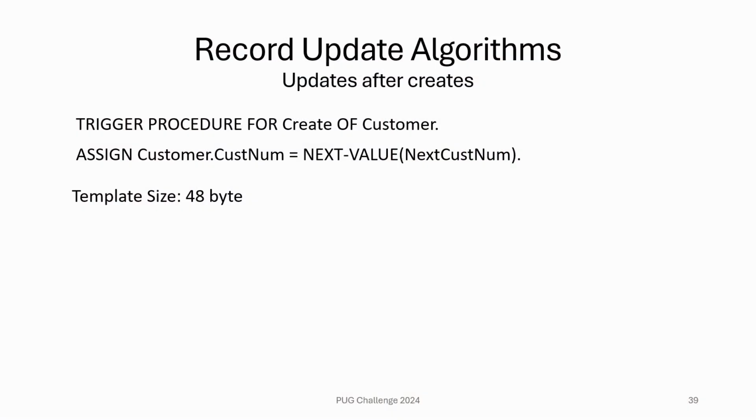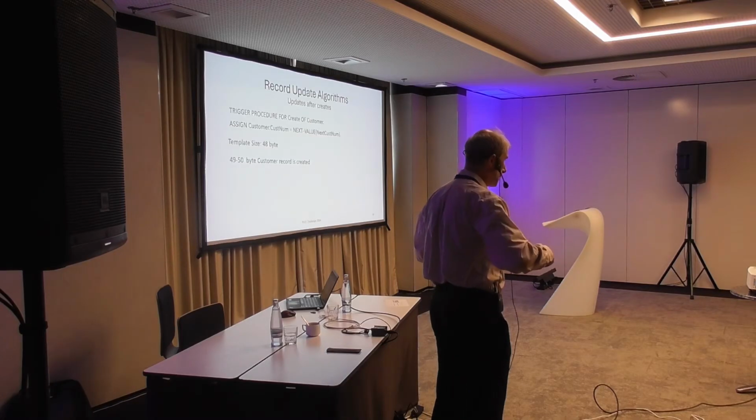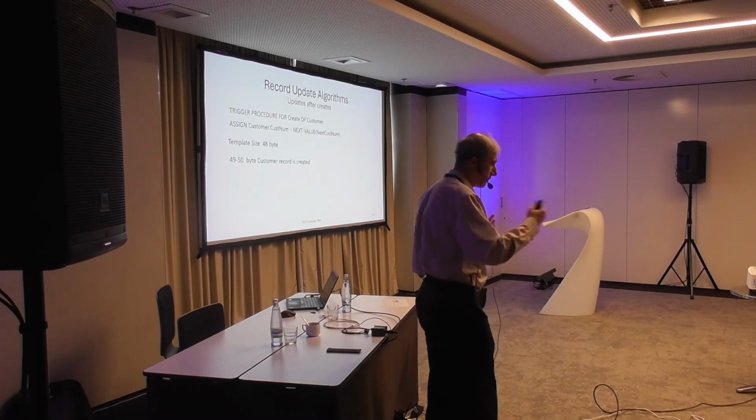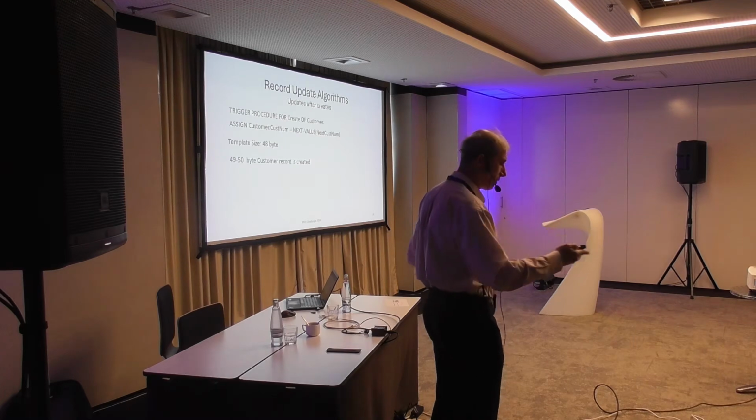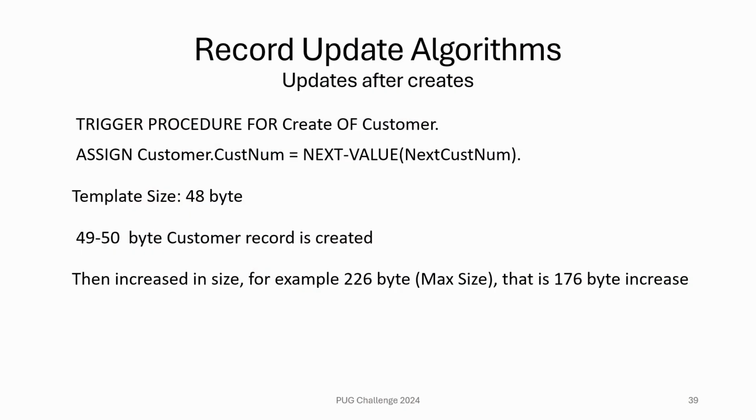What it does is take a template record for this customer table, and when it creates a record, it will be approximately 50 bytes. Then it will execute the assign, which happens a moment later, and the record will expand. Let's assume the block where this record goes has only 200 bytes left.